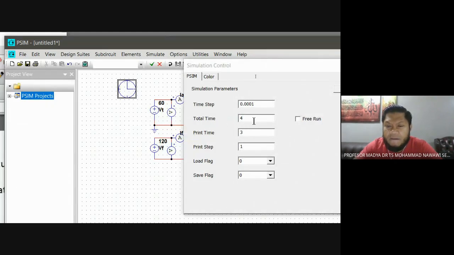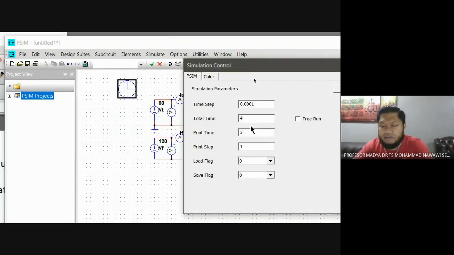Total time, let's see if I can reduce the time step. This is the time step between the data that you're going to save. The PC will convert everything into differential equations, and each point is based on that differential equation.